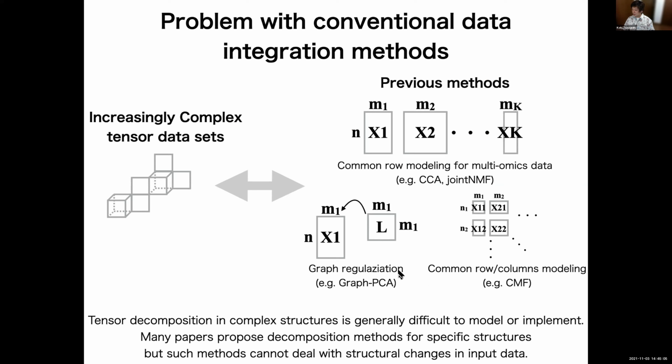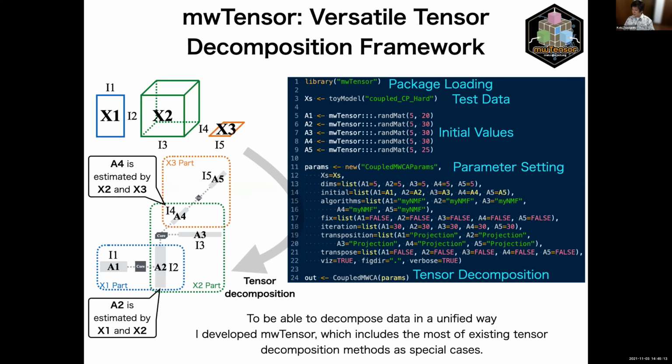And some methodologies can be applied to any tensor data structure if needed. To be able to decompose data in a unified way, no matter how complex it becomes, I developed MuTensor, which includes most of the existing tensor decomposition methods as special cases.